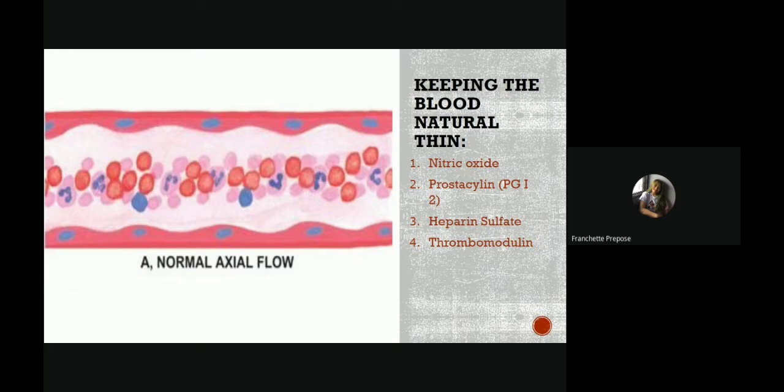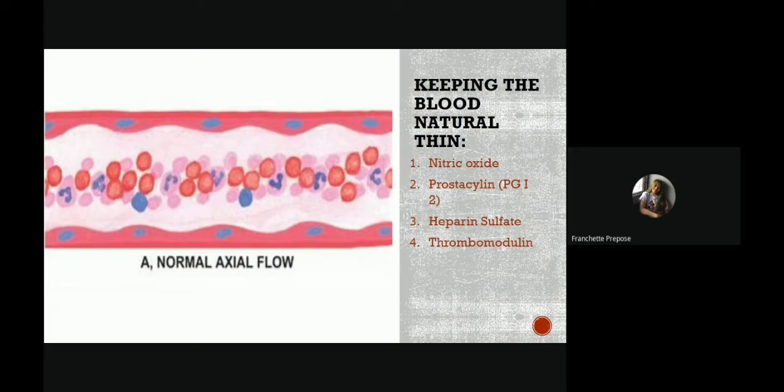Next is the protein heparin sulfate, which is a natural anticoagulant. This heparin sulfate binds to another protein, antithrombin 3, that degrades clotting factors 2, 9, and 10. Those factors are inactivated by the antithrombin 3.